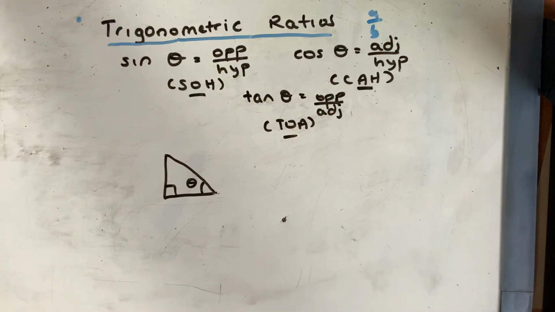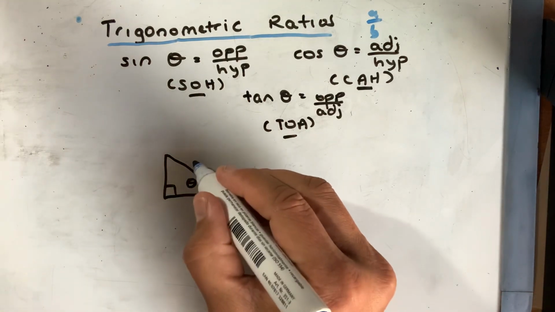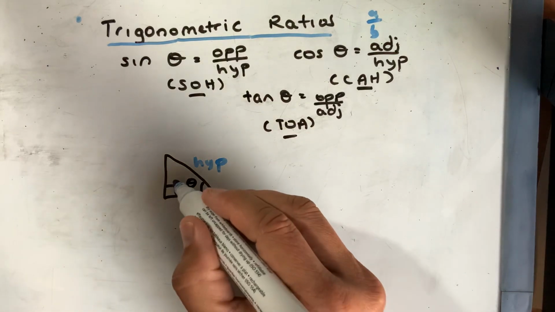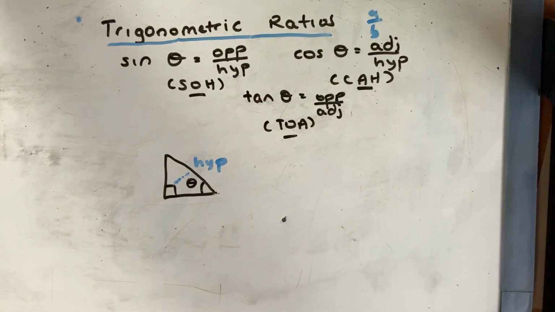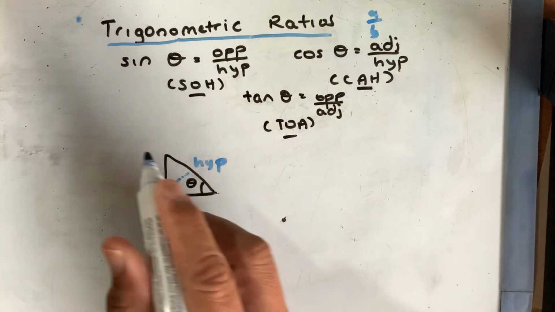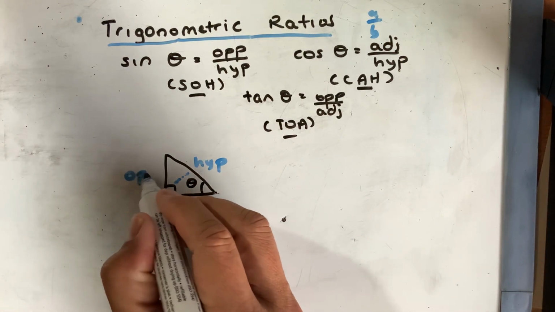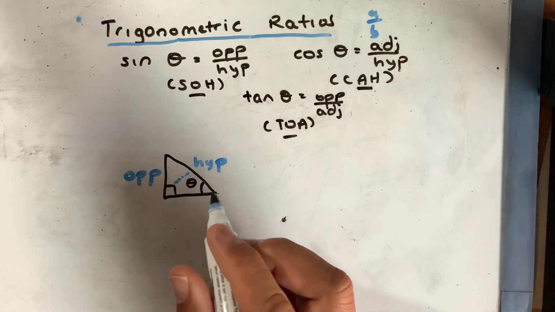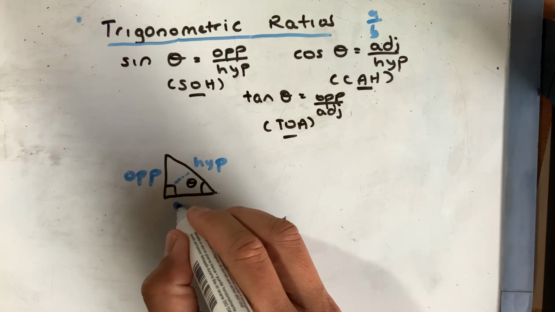Okay, so if that is theta, we have learned in the previous example that the longest side is also called the hypotenuse. So the longest side is the one opposite the 90 degrees, and the side that is opposite the angle is labeled as opposite, and the side that is next to the angle is called adjacent.